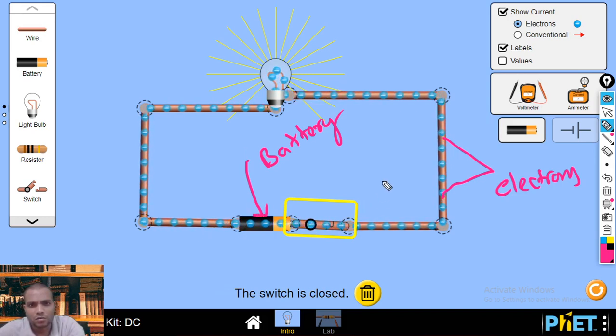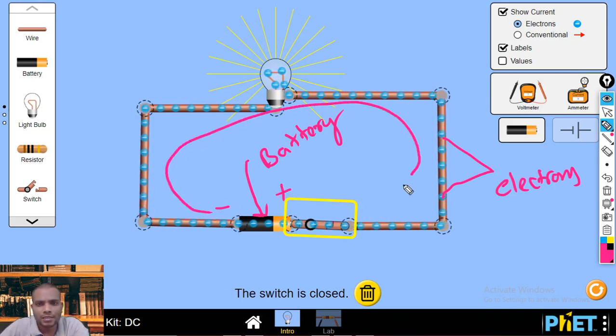If we take the cell negative and the cell positive, they are moving from negative to positive, or you can say in the clockwise direction. Electrons are moving in the circuit in the clockwise direction. When the electrons are moving, that causes current. That we define as current.